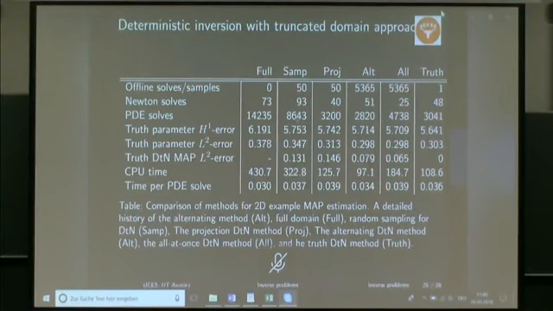Okay, so for the next three columns, we do something special, which I haven't had time to talk about. Let me discuss it very quickly now, where we actually do a model-constrained approach, a goal-oriented approach. So you don't randomly sample the parameters to get snapshots of the Dirichlet to Neumann map. We solve an optimization problem to find the worst-case scenario of the parameter where the error in the Dirichlet to Neumann is largest. And this is inspired by what I did in my PhD thesis.